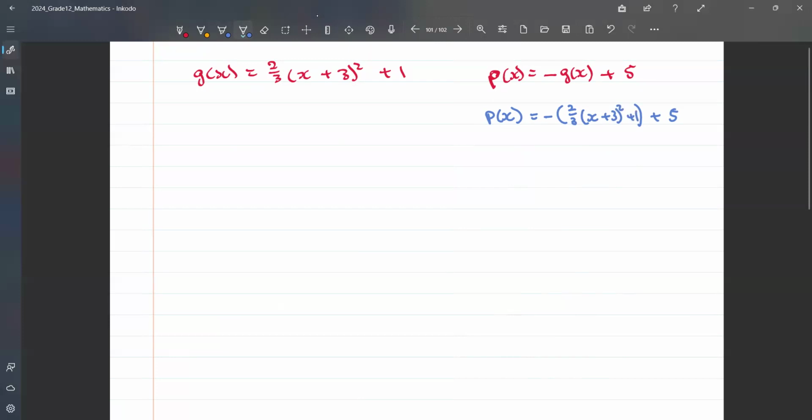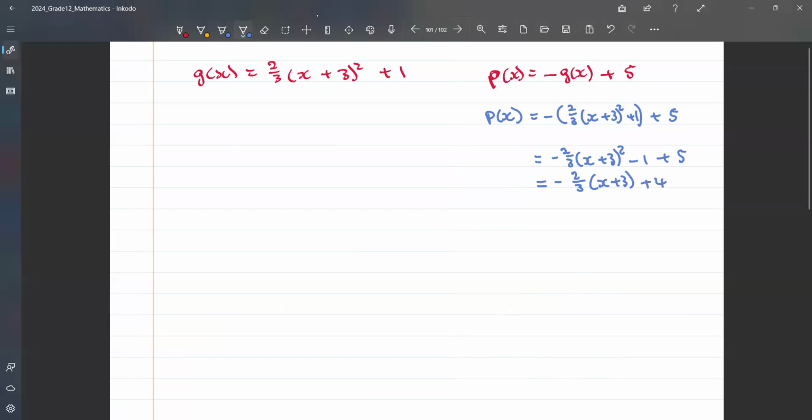So here we're going to multiply everything by -1. We get negative 2 over 3 into x plus 3. I did mention that the x plus 3 is not going to be affected. -1 plus 5. And we end up with negative 2 over 3 of x plus 3 plus 4.